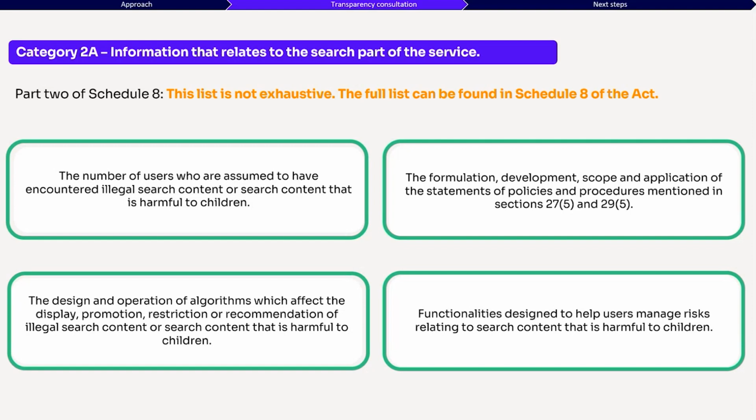So an example here might be the risks of content that promotes self-harm or suicide. It could include information about safety settings for children or about tools that allow users to have control over the search results that children might see. So quite a range of potential information that's listed here in the Matters for Search services. Thanks. Next slide, Ramneet.